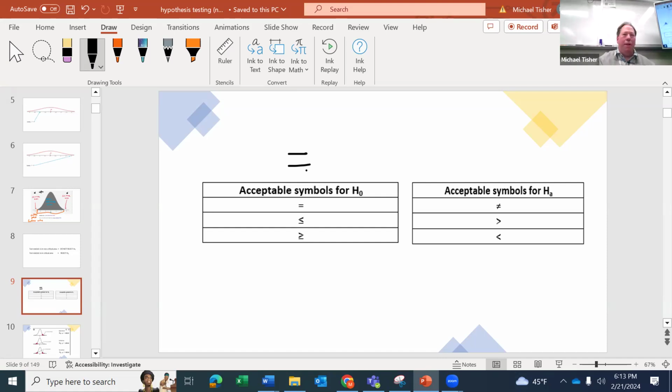But now we've streamlined the process. So in this class, we can always get by with the equal sign and it will still be okay. But the HA will have these symbols in it: not equal to, greater than, or less than. I'll make this more clear as we do some example problems. Any questions so far?